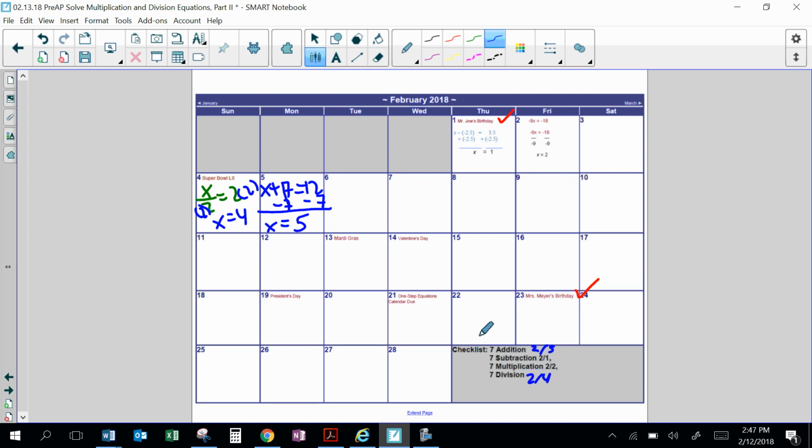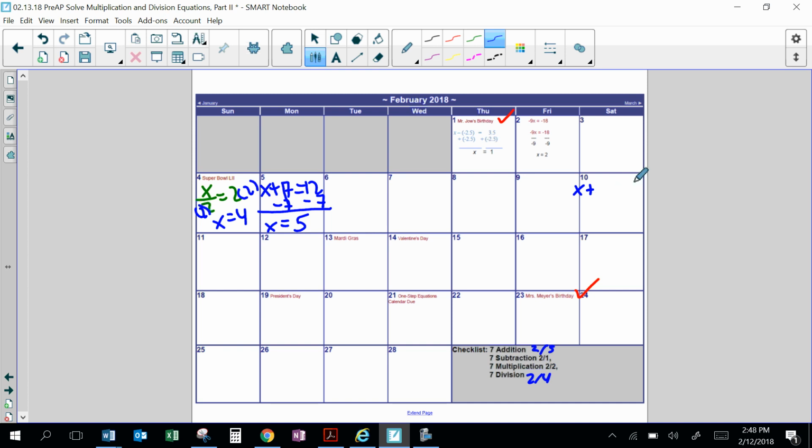So, for example, what type of thing could be challenging? Let's do the 10th day. x plus 8 equals 18. That would work, but it's not challenging enough.